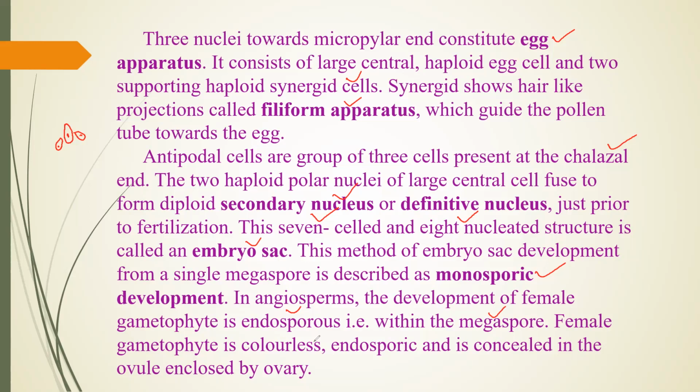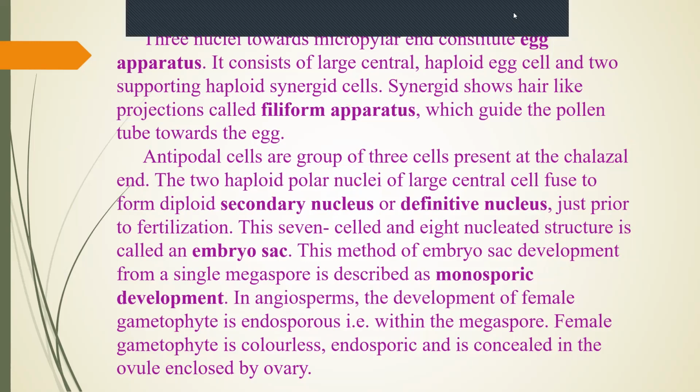So the female gametophyte is colorless, endosporic, and concealed in the ovule enclosed by the ovary. So this is the monosporic development. Let's move to the next one.